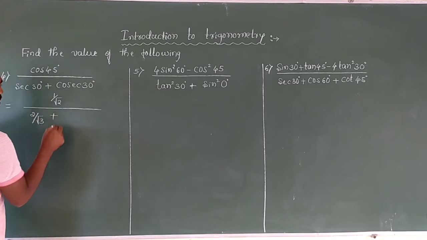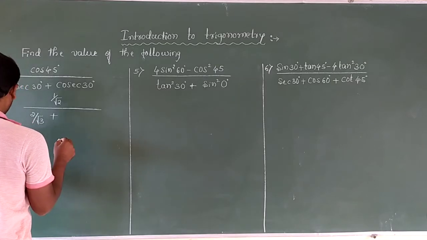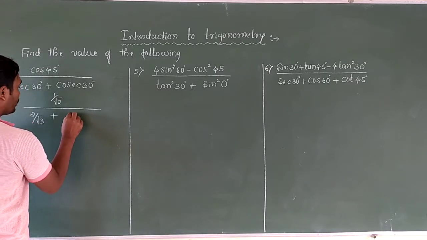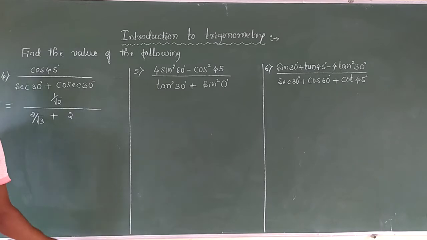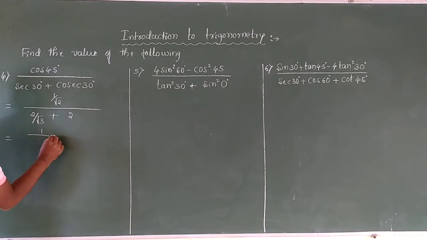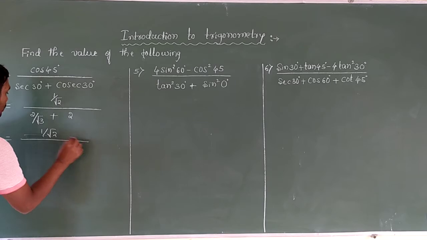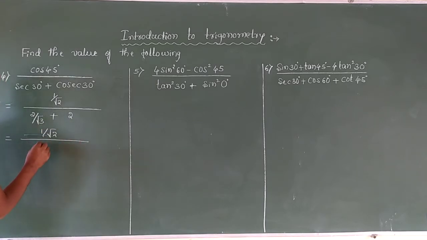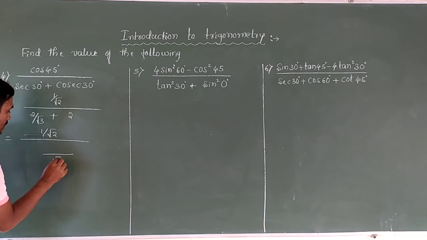2 by root 3 plus cosec 30 degree. Cosec 30 degree is what? 2. Cosec 30 degree is 2. Let us simplify this one, children. If we simplify this one, this is equals to 1 by root 2 whole divided by, here take the LCM of these two, that is root 3 is the LCM.